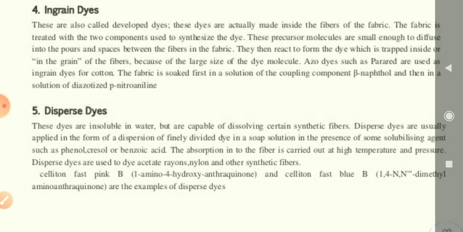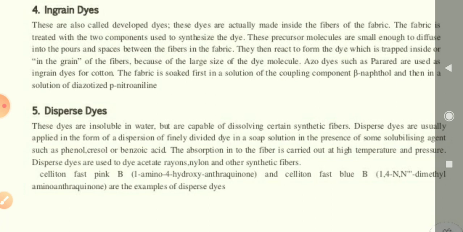Because of the large size of the dye molecule, azo dyes such as those prepared are used as ingrain dyes for cotton. The fabric is soaked first in a solution of the coupling compound beta naphthol, and then in a solution of diazotized p-nitroaniline. Next is the dispersed dye. These dyes are insoluble in water but are capable of dissolving in certain synthetic fabrics.